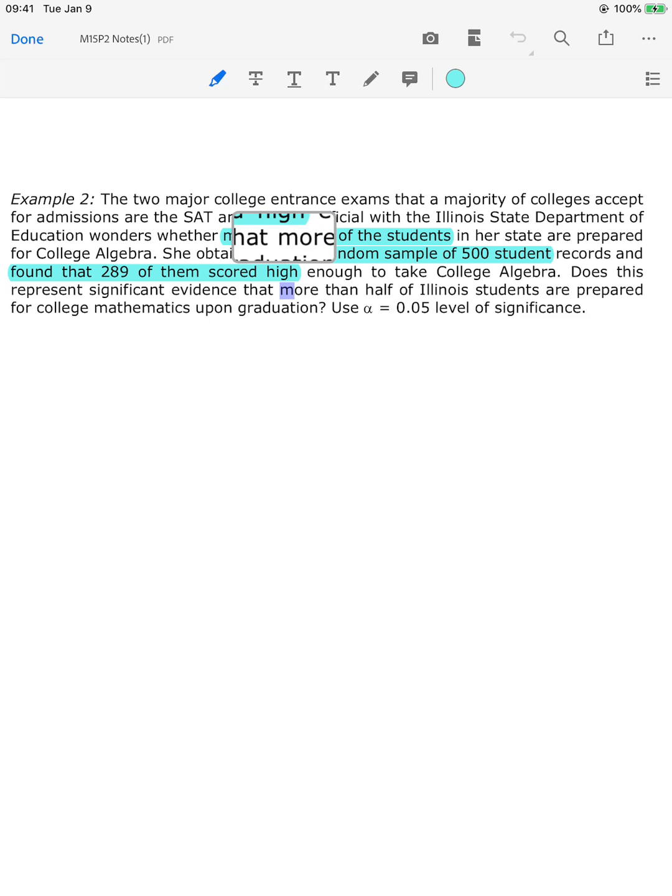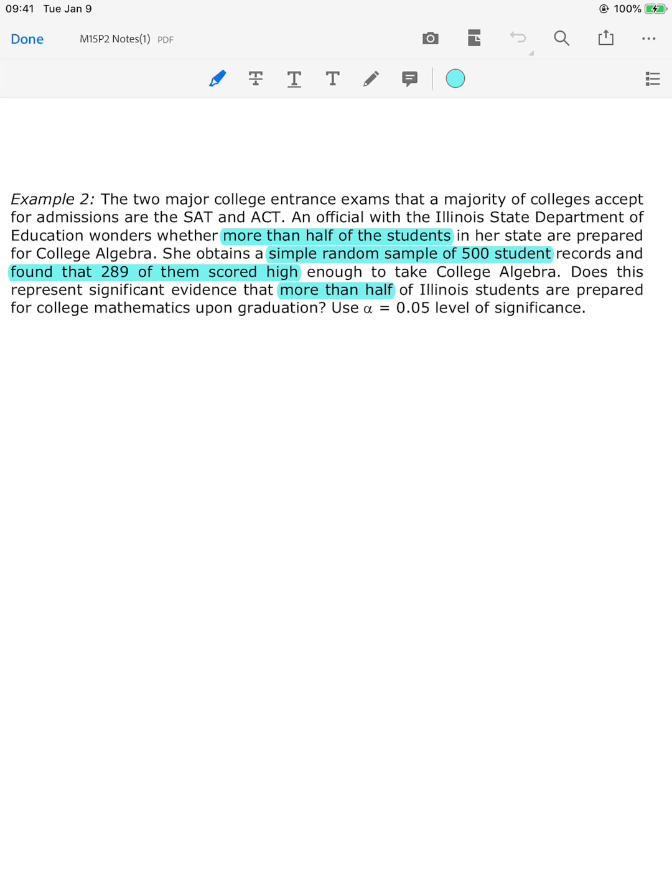So again, we have this more than half. Half is a proportion. Half of the population is 0.5. So if you ever see a problem that says more than half, that means you're looking at a proportion. And then another key, does this represent significant evidence? That tells you you're doing a hypothesis test.